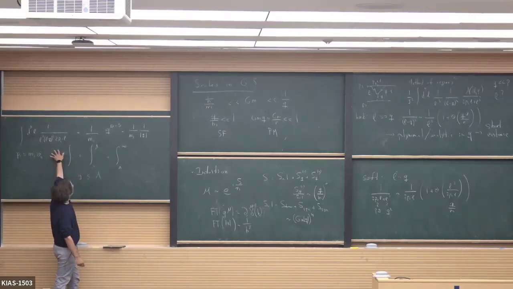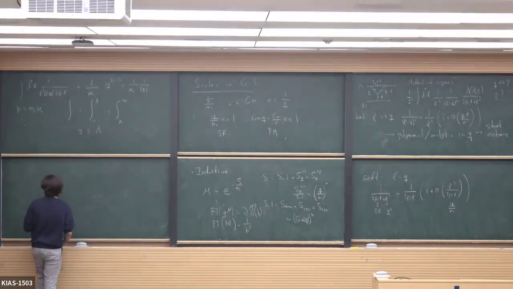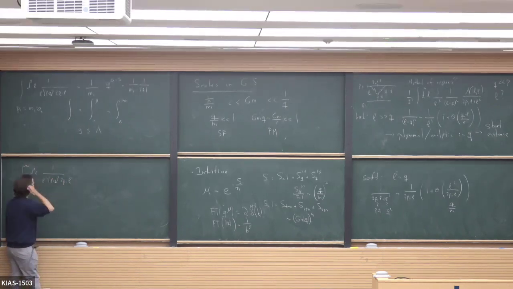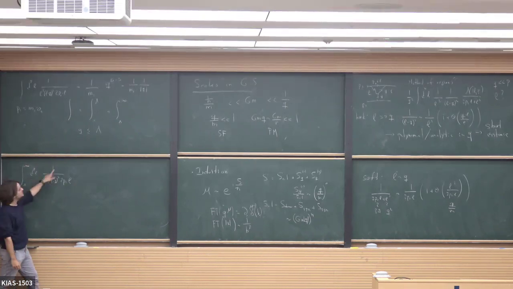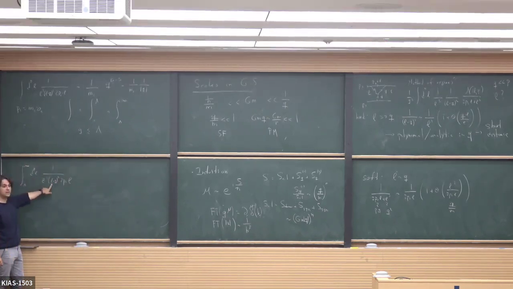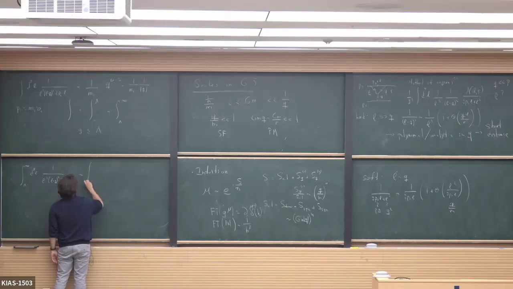I already expanded the integrand, and now I'm going to do the integral over here. If I now do the integral from lambda to infinity, what is the result? Because now L is much bigger, lambda is bigger than Q. In most of the domain, L is again much bigger than Q, so I can expand away Q, just like before. So this thing will go like the same integral.